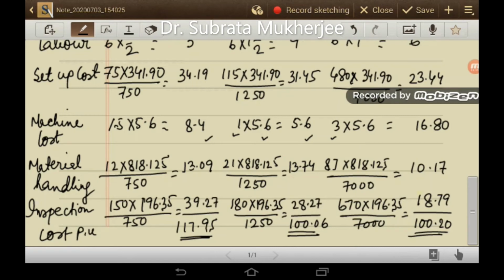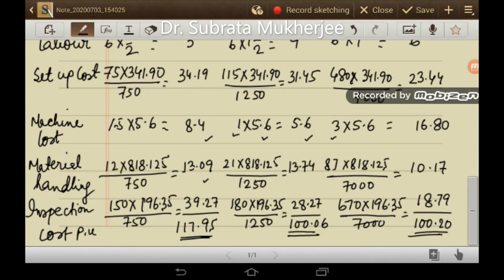For material handling, 12 is the number of movements of material. 818.125 is the material handling cost rate. 750 is the production. So material handling cost per unit for product X is 13.9. Material handling cost per unit of product Y is 13.70 and for product Z is 10.17.